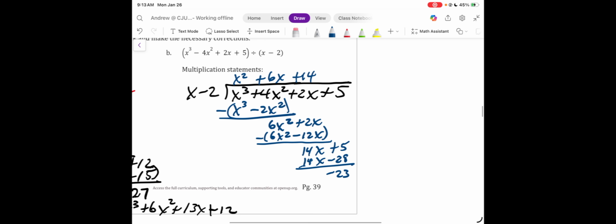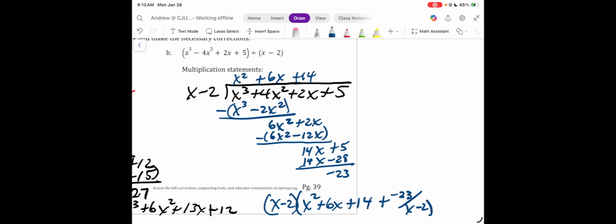Okay, so if I wrote this the long way, it would be x minus 2 times the quotient x squared plus 6x plus 14 plus negative 23 over x minus 2. Well, that actually goes over the whole thing like that.